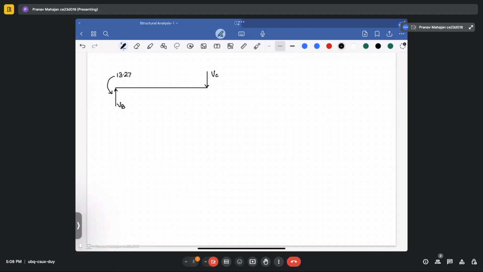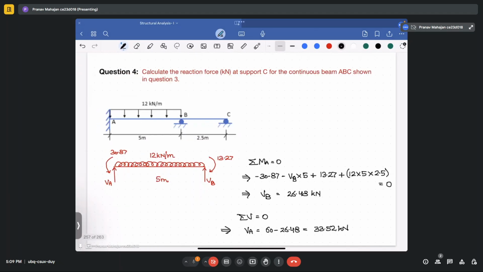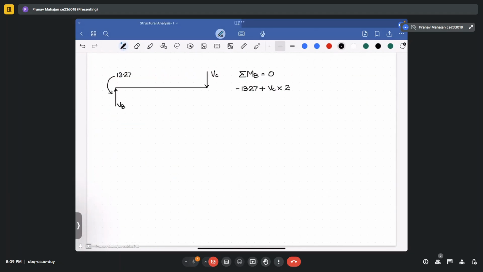So take summation of moment about B is equal to 0. So it is giving you minus 13.27 plus VC into what is the distance? So distance here is 2.5. So your VC will come out to be 5.31 kilonewton.